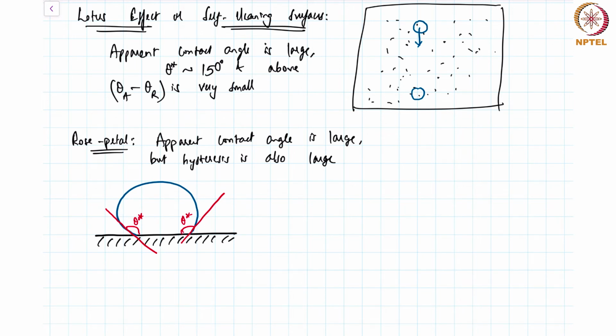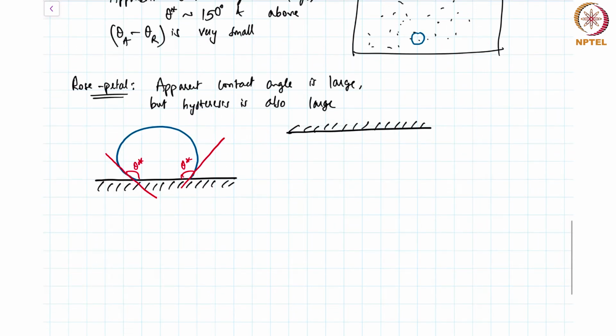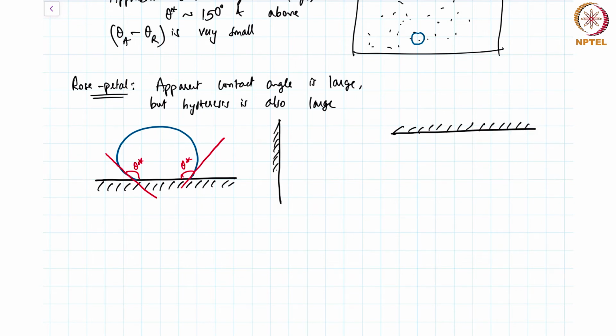But if you take the surface and invert it, I'm taking the extreme case of an invert. Okay, maybe we'll just do it step by step. Maybe we'll just do it for a case which is a slant, a vertical plate. If you take a vertical case, then this petal can still have a very large angle, a very large hysteresis angle.